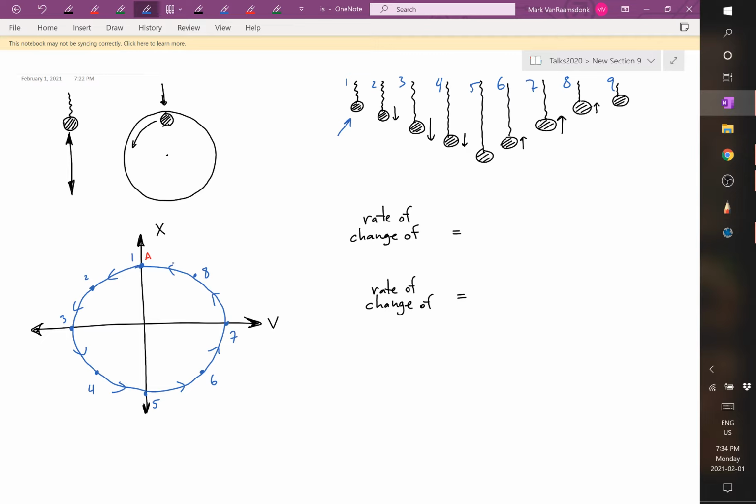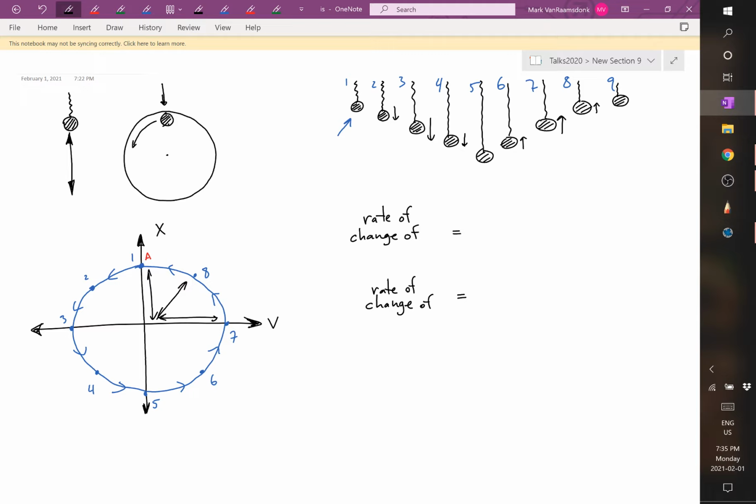We can't really say that it's circular because the two axes have different units. In order to really say that something is a circle on a graph, we want this distance to be the same as this distance and the same as that distance and so forth. That doesn't really make sense if the two axes have different units.